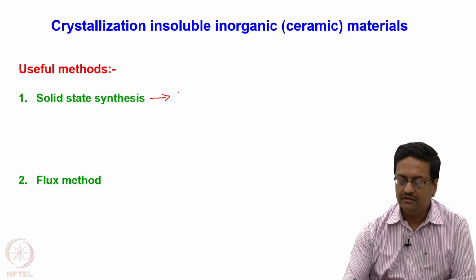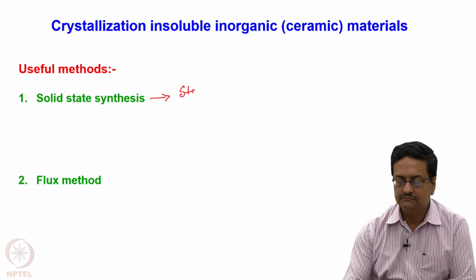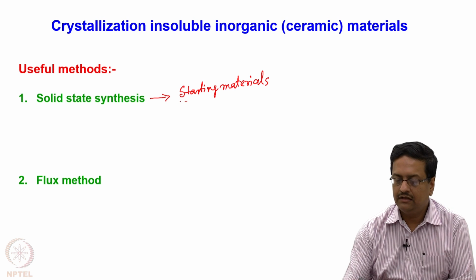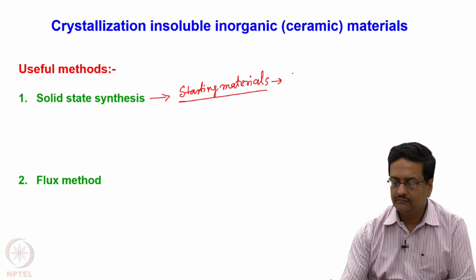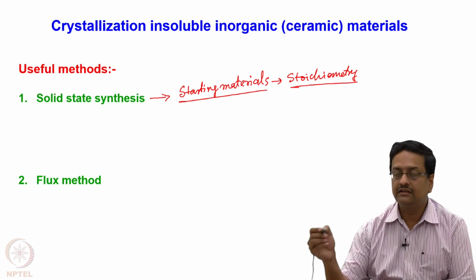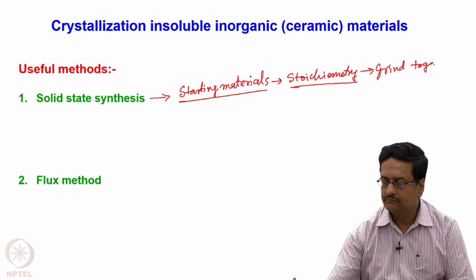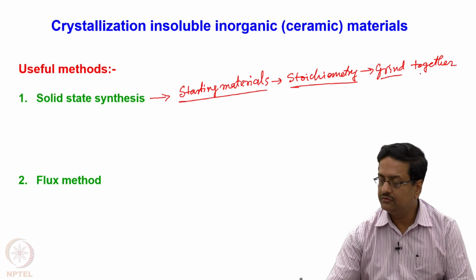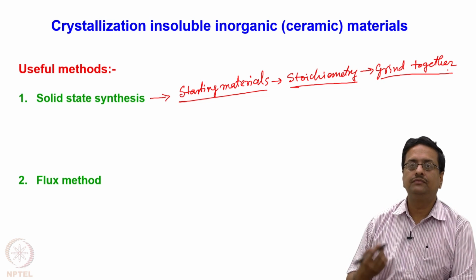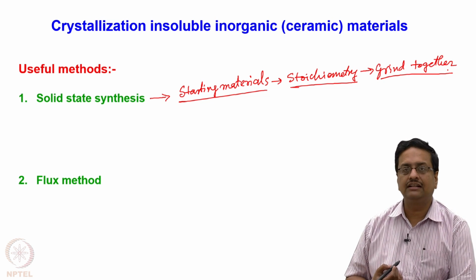You take the starting materials in a given stoichiometry, and then grind them together to make a uniform mixture of the starting materials.